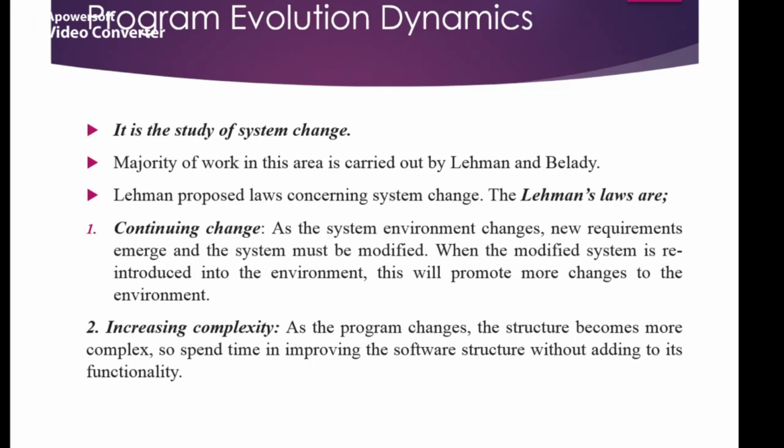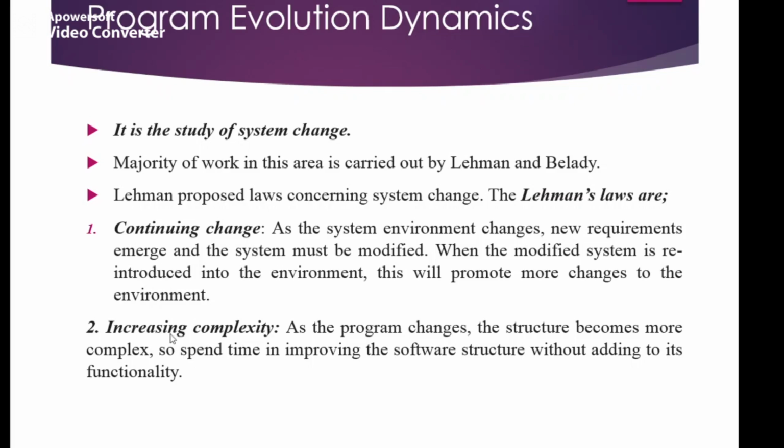So once you modify the system and you get a final system that you put into the environment, then again that will promote more changes to the environment. Clear? So as your system environment changes, new requirements emerge. So you need to modify your system to adapt to those requirements, and then you build a new system. Now this new system you will put into the actual environment to use it. So this will promote more changes to the environment.